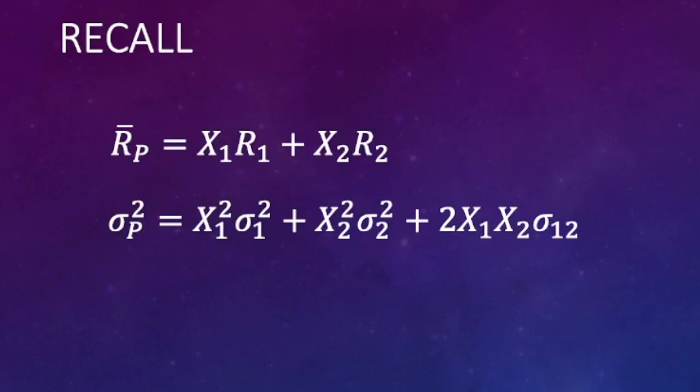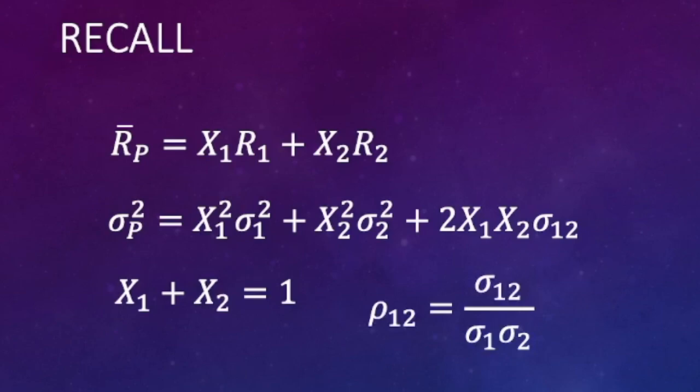If you have more than two, then for example with the third one, a few terms are added: x3 square sigma 3 square plus 2 times x1 x3 sigma 1 3 plus 2 times x2 x3 sigma 2 3. And as I said, x1 plus x2 should be equal to 1. Sometimes you are not given covariance, but instead the correlation coefficient, rho 1 2. If that and the standard deviations, sigma 1 and sigma 2, are given, then you can calculate the covariance, sigma 1 2.